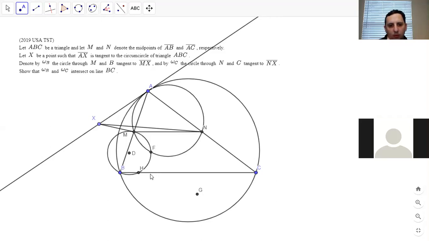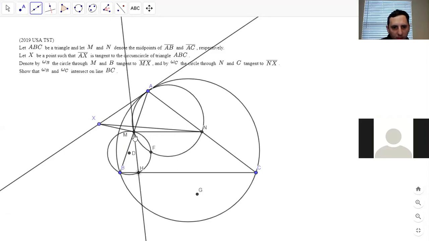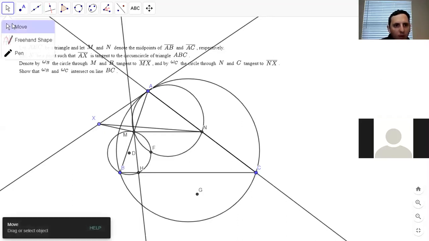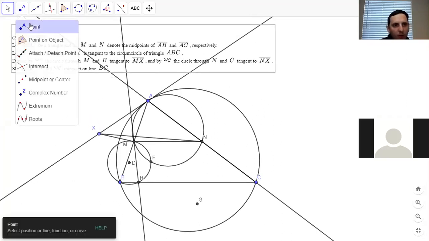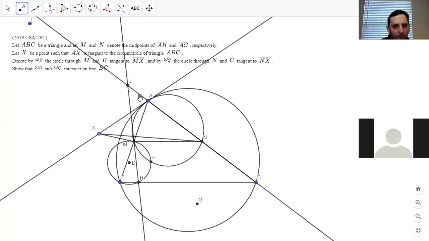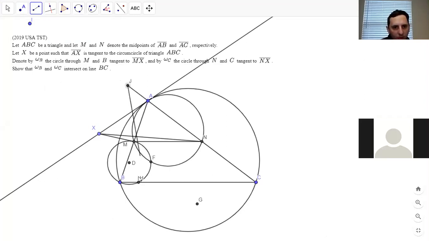Can you let MH intersect AC? MH intersect AC, yes. JXMA is cyclic.